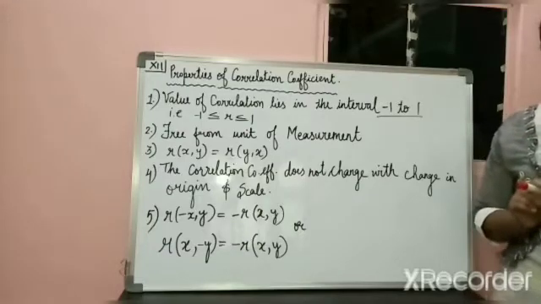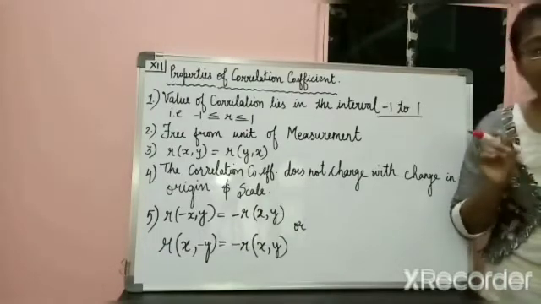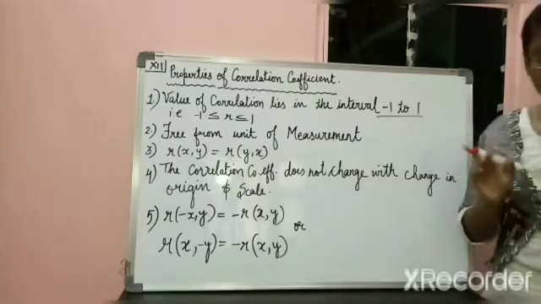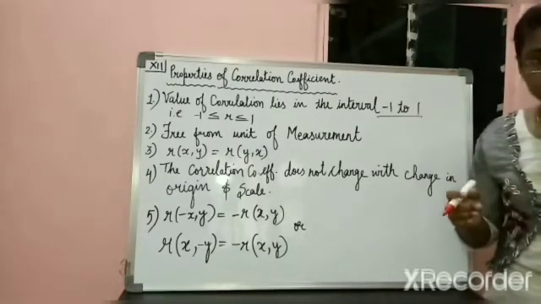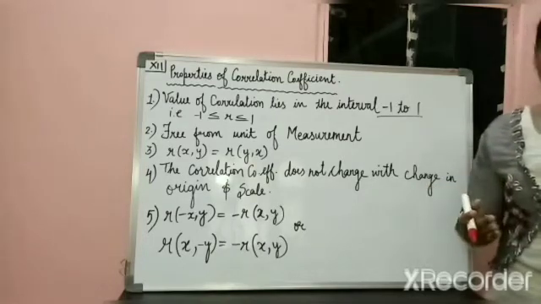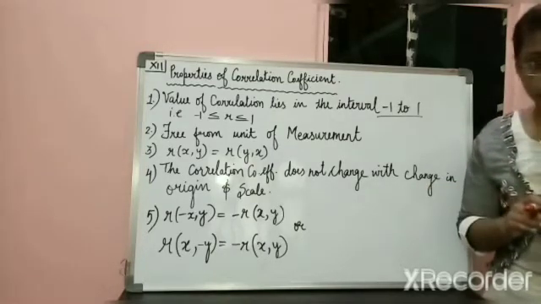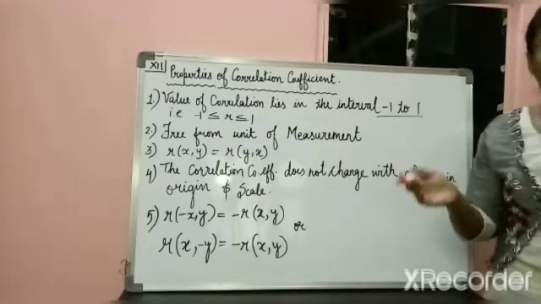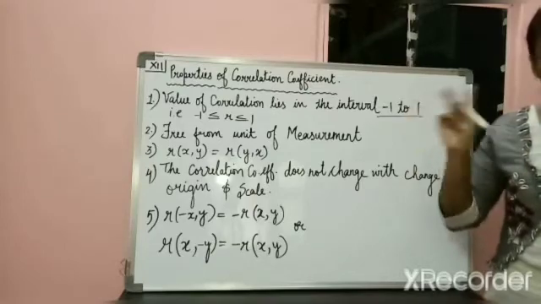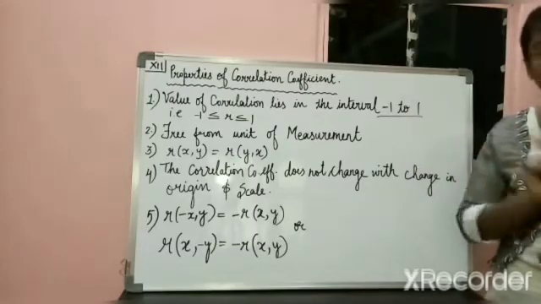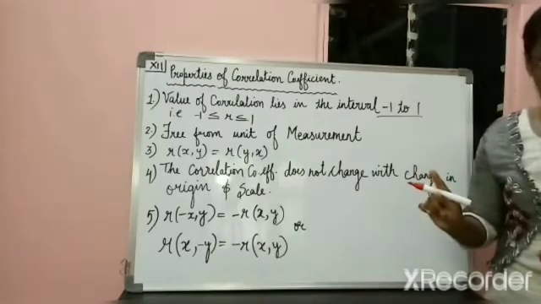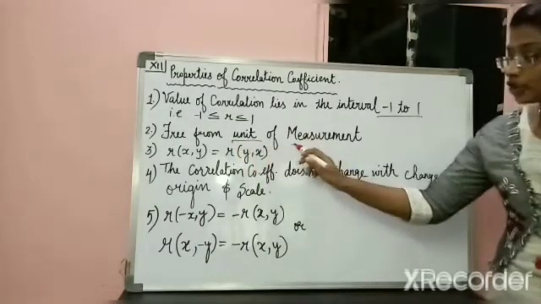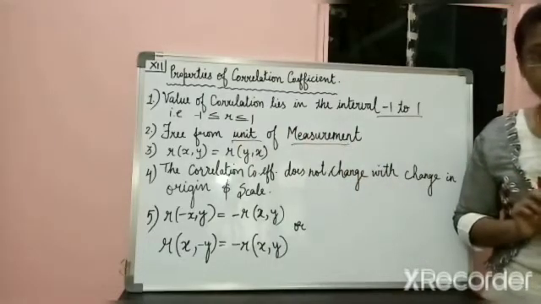Say for an example, if x is savings in rupees and y is expenses, also in rupees, or else kilograms and rupees, like that. Whatever unit the variables carry, the R, that is your correlation between these two variables, would not possess any unit of measurement. So clear with the second point, free from unit of measurement. You have to remember this in mind.